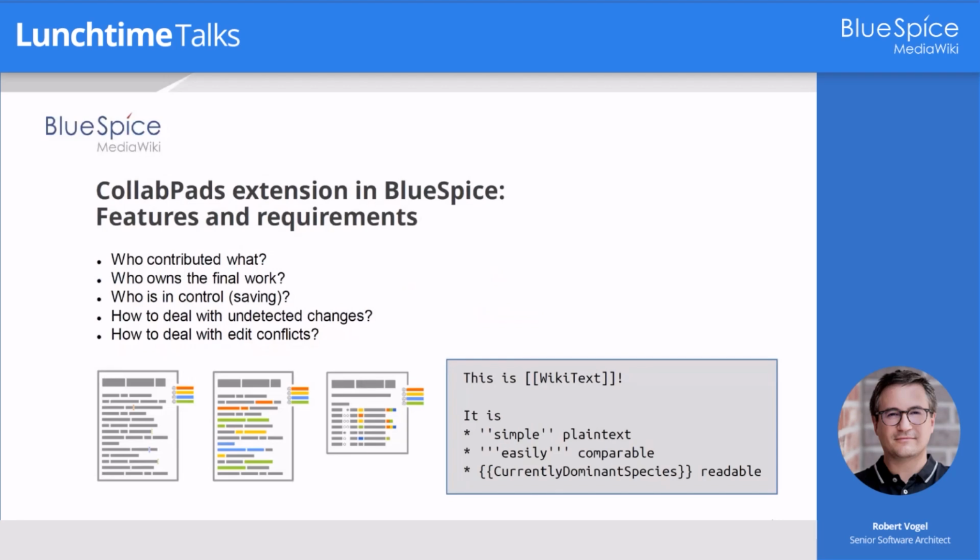For example, the question of who has actually added which part of a document just isn't that important. If you're just taking minutes on the wiki, meeting minutes, then it's not really important who added something. It's more important that people can efficiently work together and have a good experience doing that. So that's why we decided to adopt this feature and to develop it further.